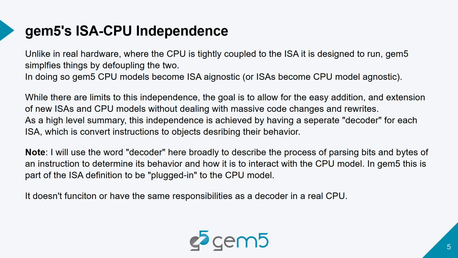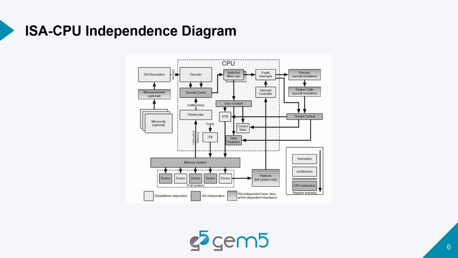Let's say a copy operation: it defines how a copy works, say copying from one memory location to another. So essentially, at a high level, for the ISA you define the decoder, and then when you implement it in gem5 and create, let's say, your x86 core, the x86 decoder is plugged into the core model, and that's how it works.